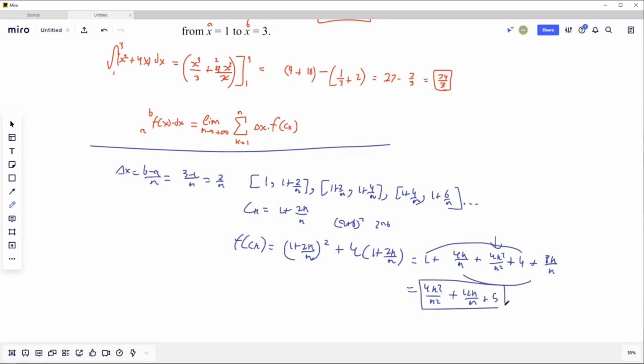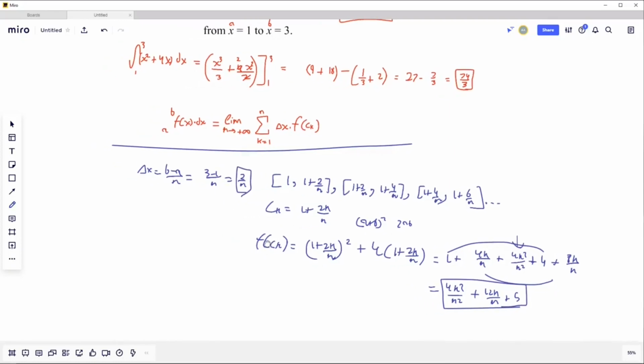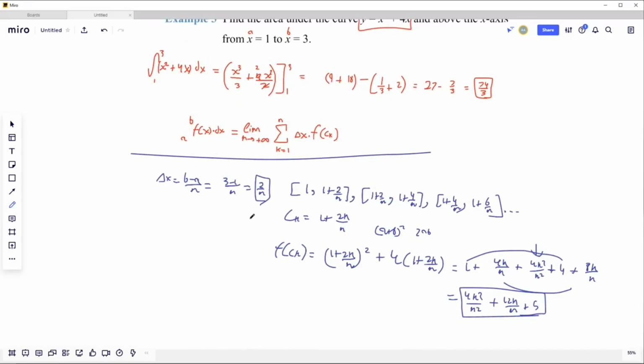So we have our f of ck, we have our delta x, we're ready to go with Riemann's sum. But one more note before we start, which is really important. This is Riemann's sum, and not this, which is really important. Yeah, Riemann's sum, but not this. There's a huge difference, because with the limit, it makes a huge difference.